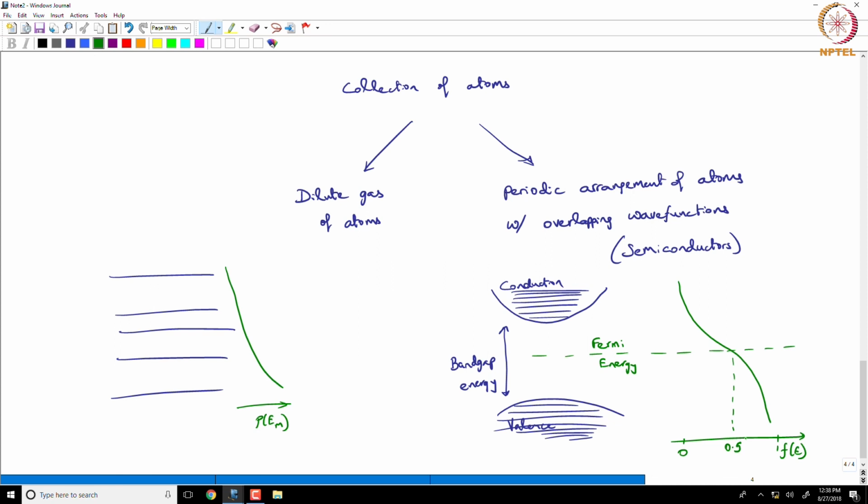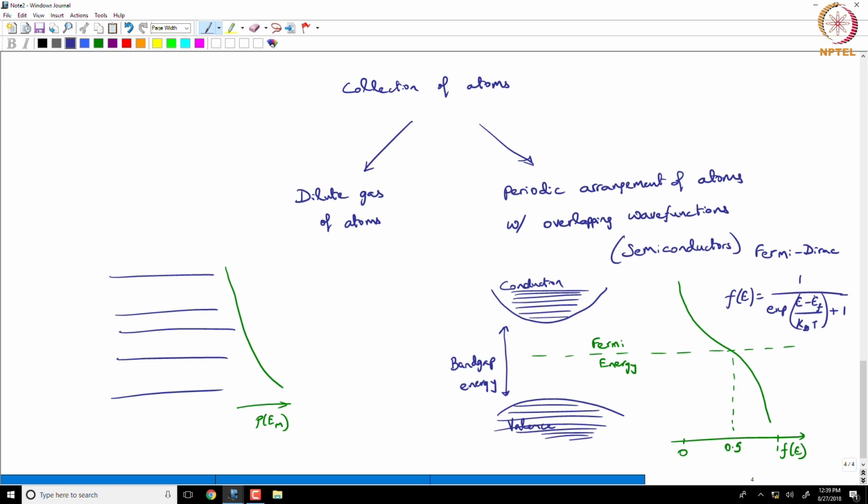And in this case, f of E follows what is called a Fermi-Dirac distribution, which is given by f of E equals 1 over exponential of (E minus EF) over kBT, plus 1.